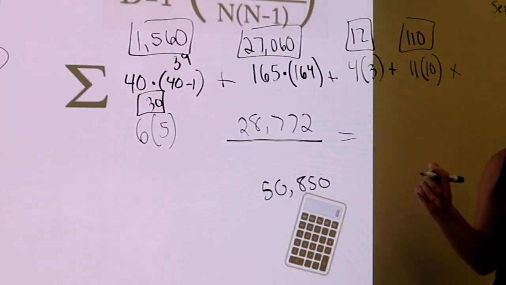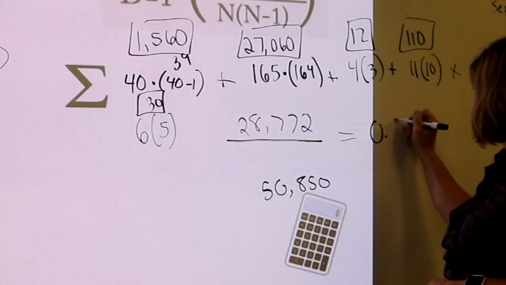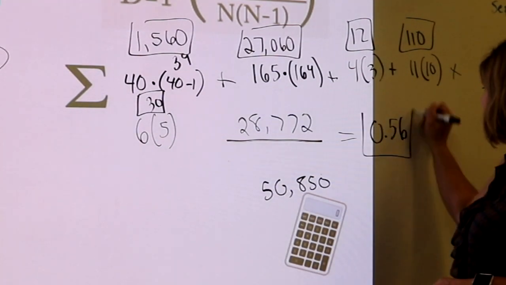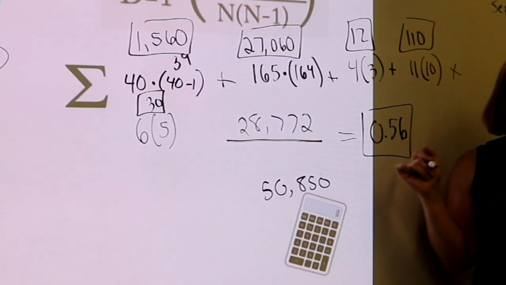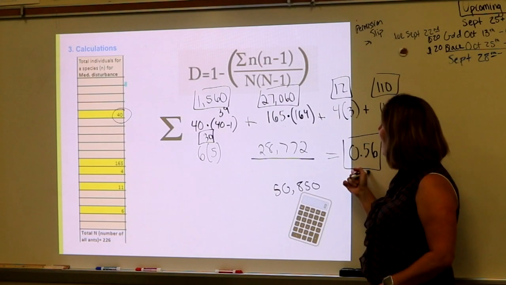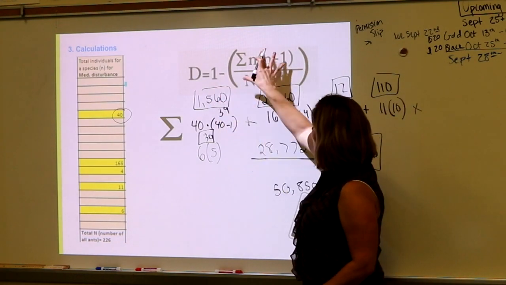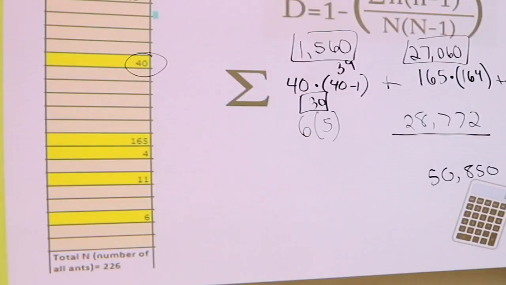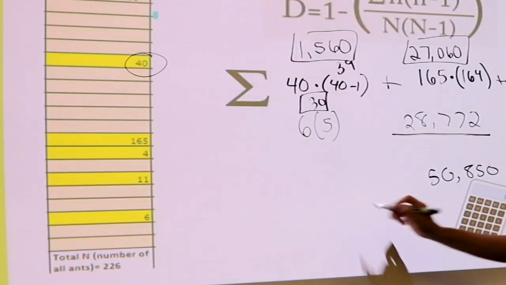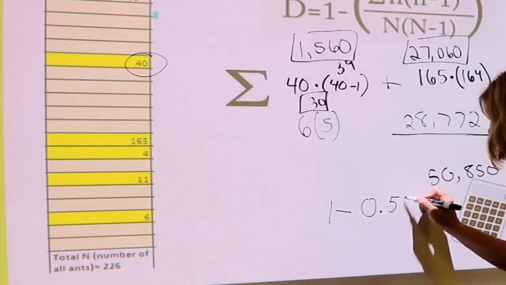If we do that in our calculator, we should end up with 0.56. All right, almost done. Not quite done yet. We've got this value, but you'll notice in our equation, we have 1 minus all of this. So our very last step, we're going to take 1 and subtract 0.56.